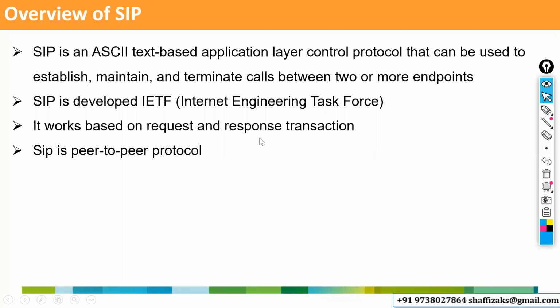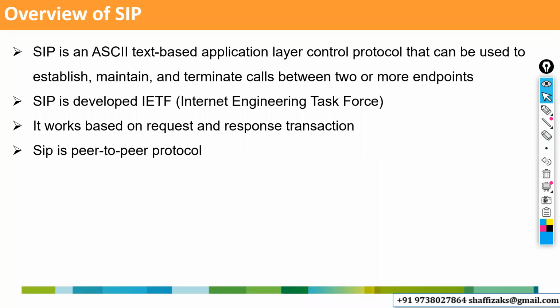And this is a peer-to-peer protocol. H.323 is also a peer-to-peer protocol, and SIP is also a peer-to-peer protocol. But MGCP is a client-server protocol. That means with MGCP, when you are configuring the gateway, it always depends on the call manager, because the gateway acts as a client and your CUCM acts as a server.